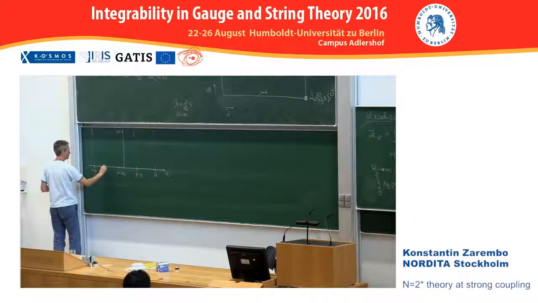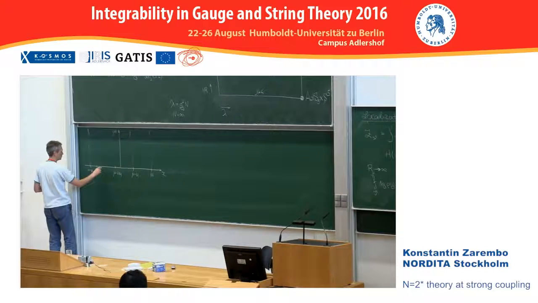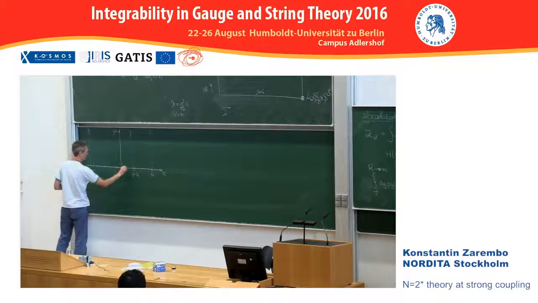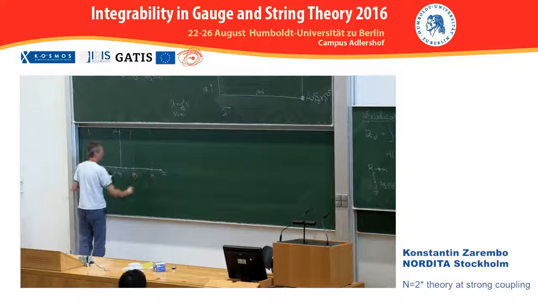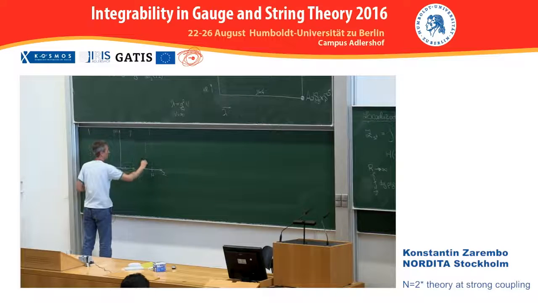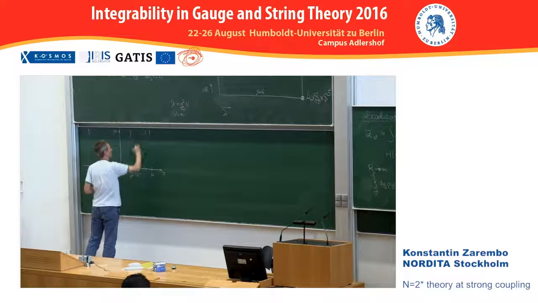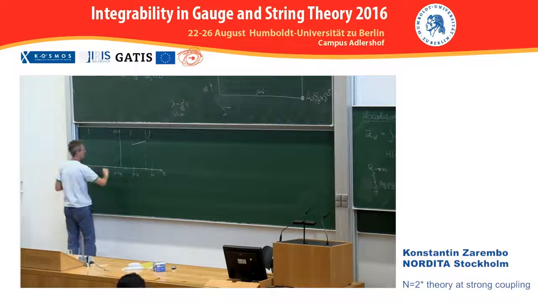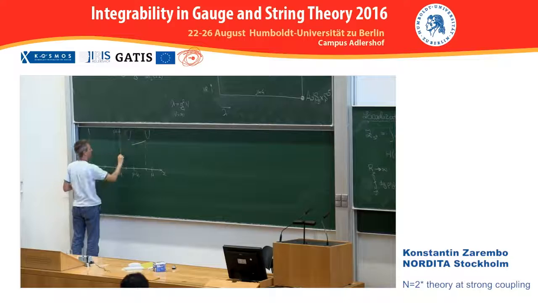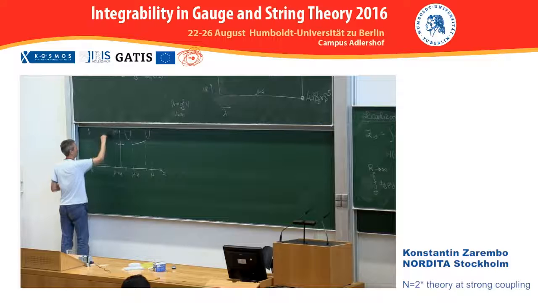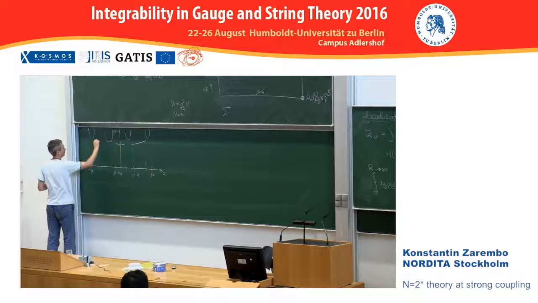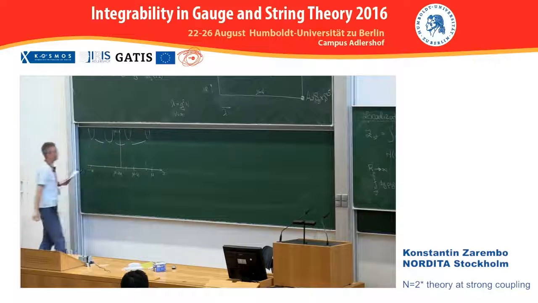And there will be singularities at the images of the other endpoint. So in total, the density would be a piecewise continuous function, roughly of this shape.